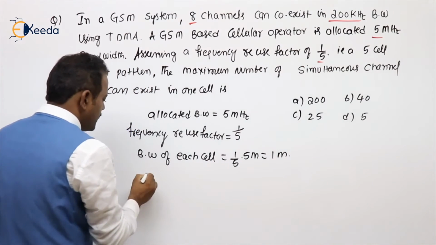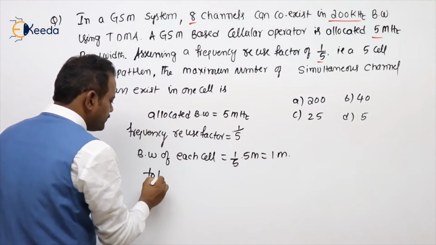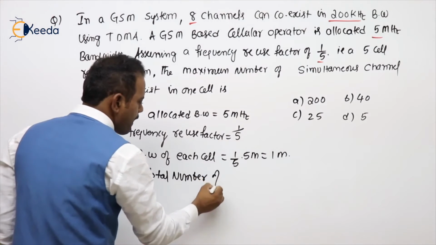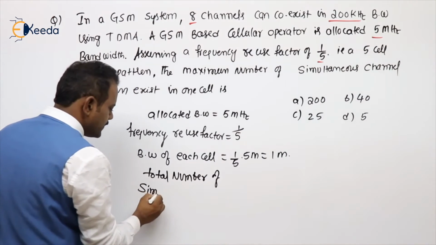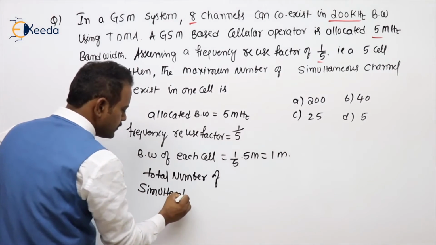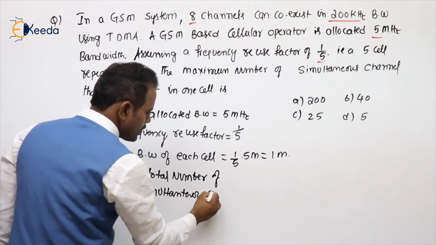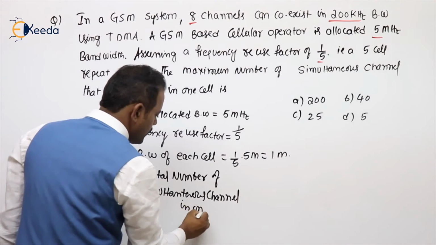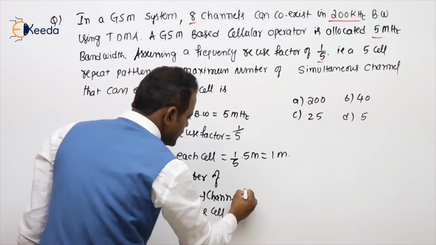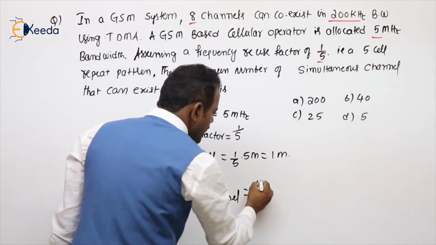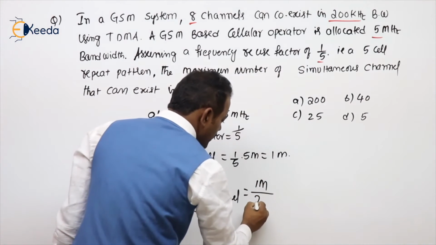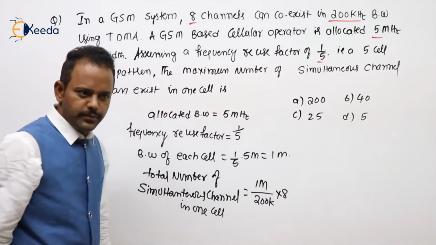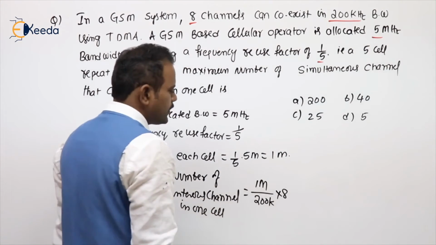So I can say the total number of simultaneous channels in one cell: total available is 1 megahertz. We need 200k for 8 channels. Then calculate.